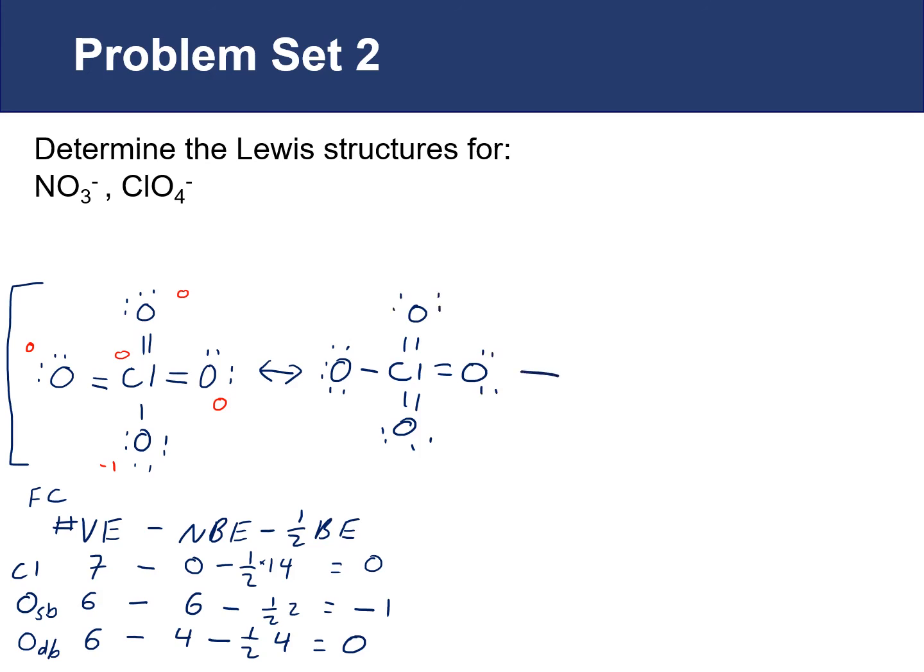That's one structure. We have another one. Chlorine in the middle, single bond to the top. And then one last structure, chlorine in the middle, single bond to the right, double bond in the other directions.